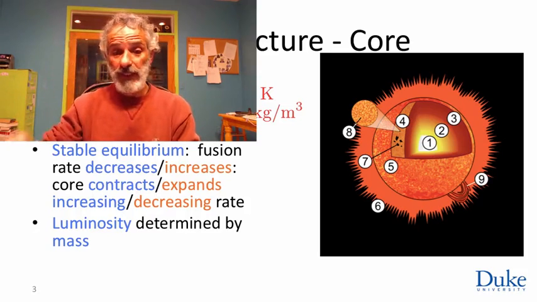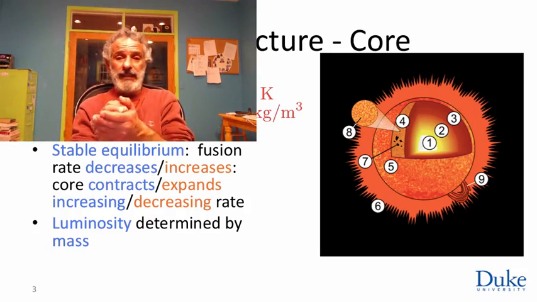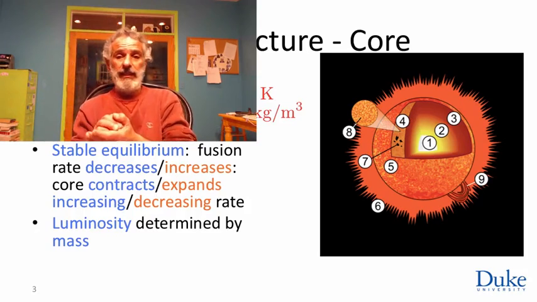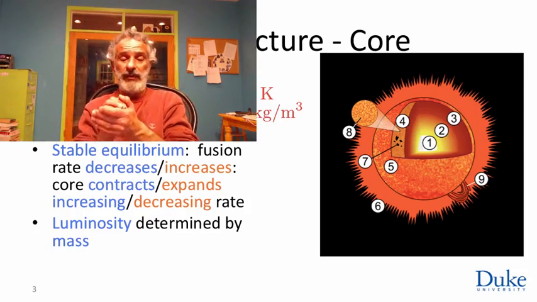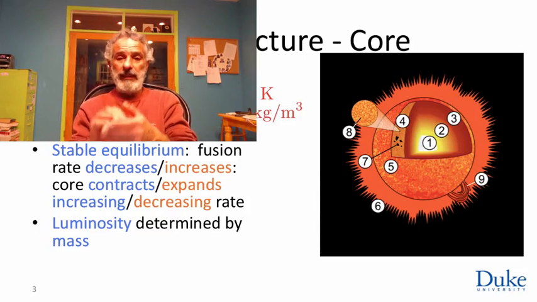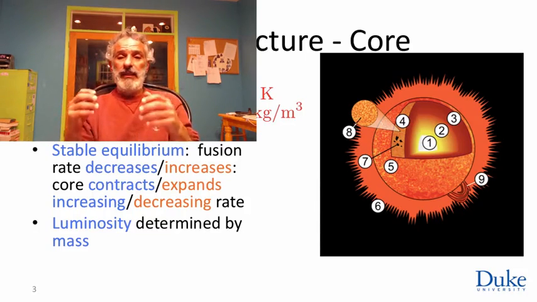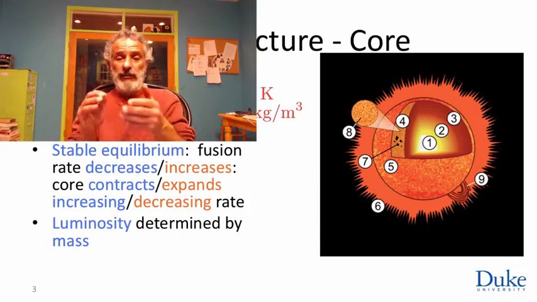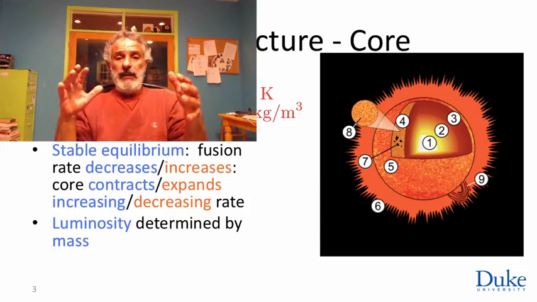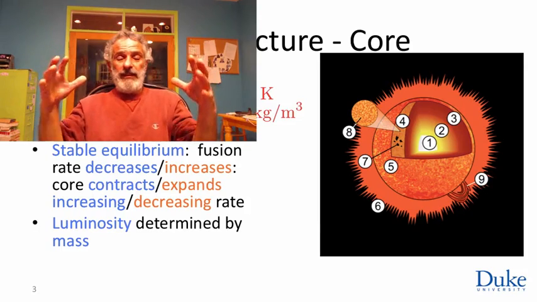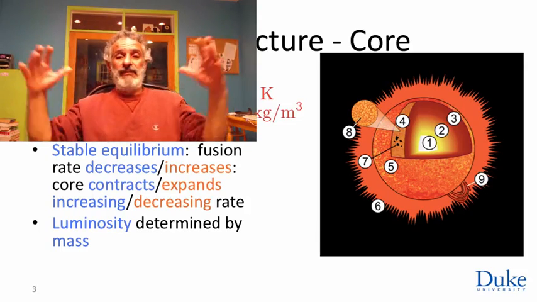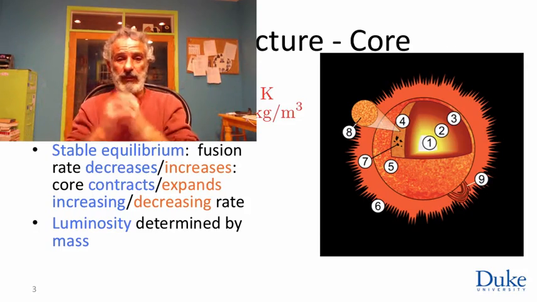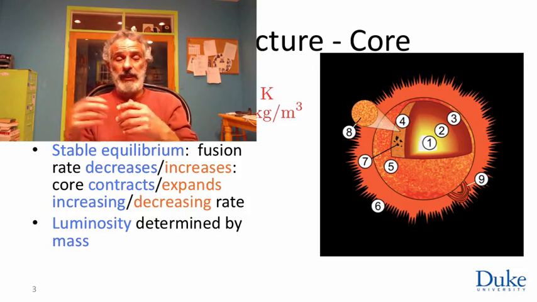And importantly, the core is in a state of equilibrium in the following sense. If fusion rates in the core decrease, for example, then the core is producing less energy. There is less radiation pressure and less thermal pressure. The core cools a little. What this does is that then the force of gravity, the weight of the outer layers of the sun, compresses the core a little bit. And when the core compresses, densities and temperatures increase.